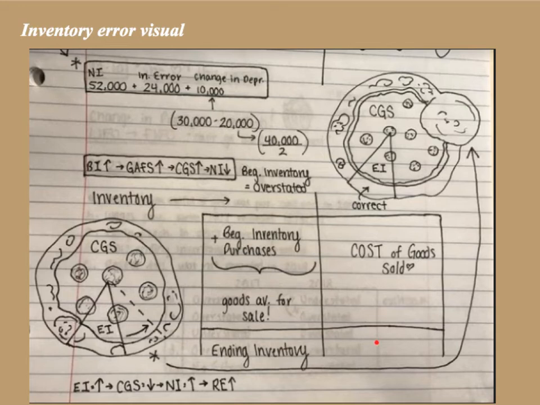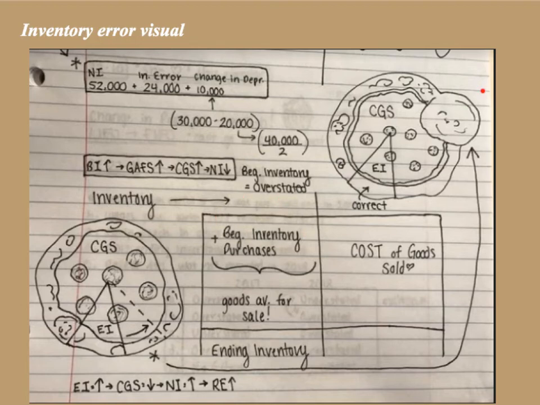Okay, let's take a look at the next year. All right, here we go. We're going to move all the way to this pizza. So this is goods available for sale next year, except this extra slice of inventory error that was an ending inventory now shows up as an extra glob on my pizza because it is now beginning inventory. So ending inventory that was incorrectly recorded as 15, so 5 extra, became beginning inventory.